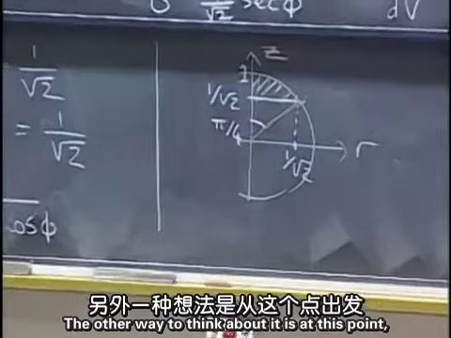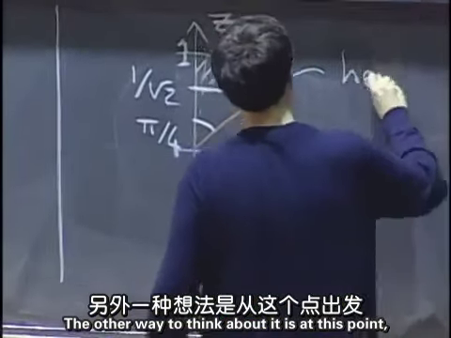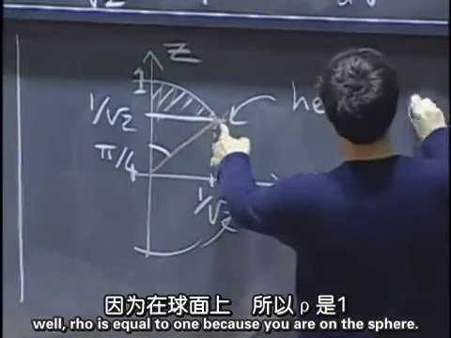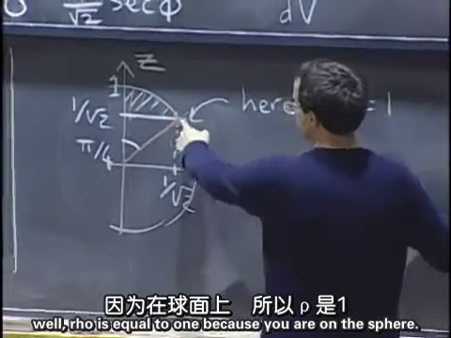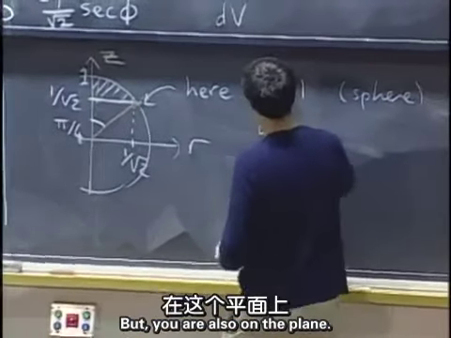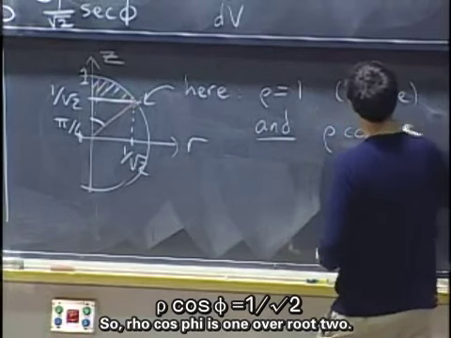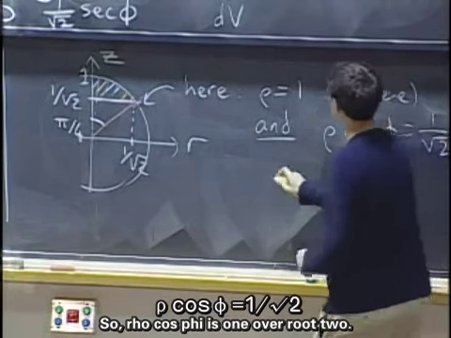The other way to think about it is at this point, rho is equal to 1 because you're on the sphere, but you're also on the plane, so rho cos phi is 1/√2.